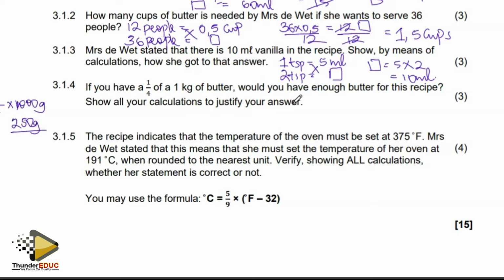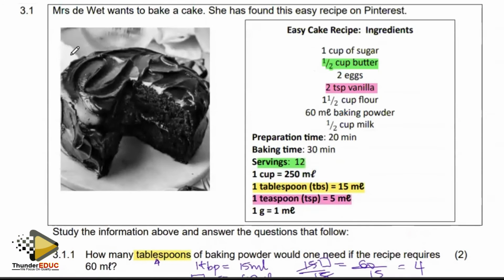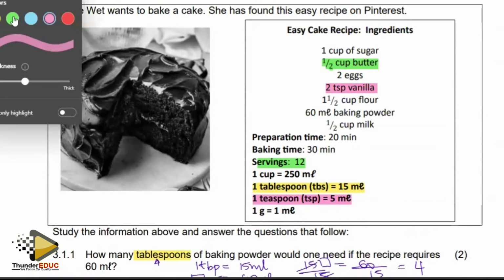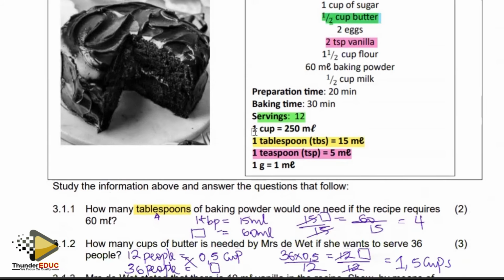Then I go up and ask myself, how much butter do I need? I'm trying to analyze this. Butter, it's half a cup. A cup itself carries 250 mils. But they have told you if you have 1 gram, you have 1 mil. Simply meaning this is also 250 grams, because 1 gram is equivalent to 1 mil.